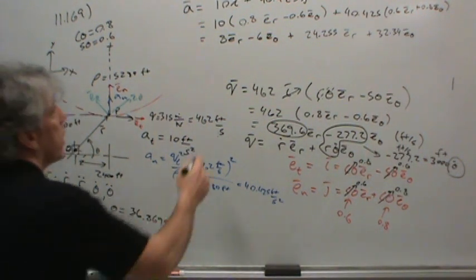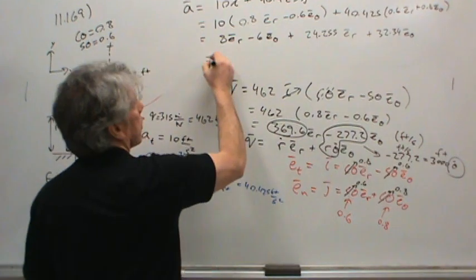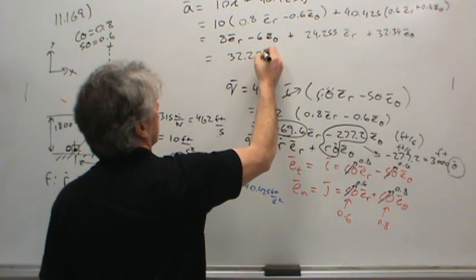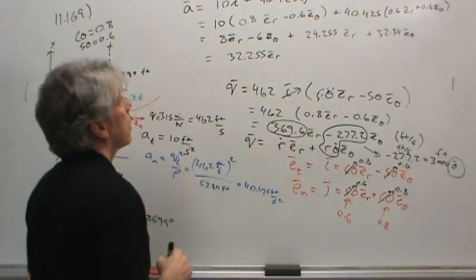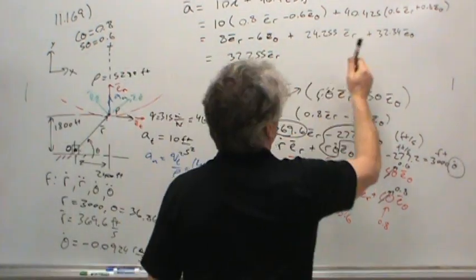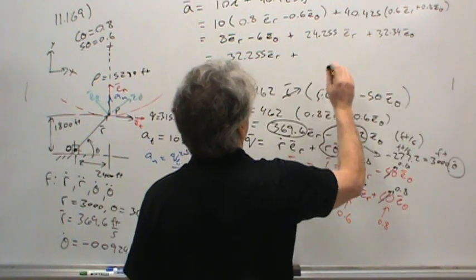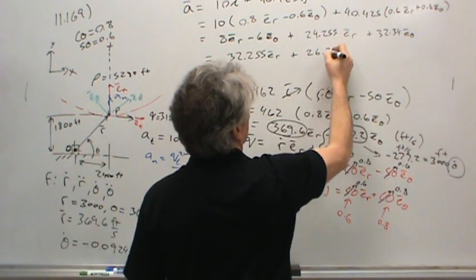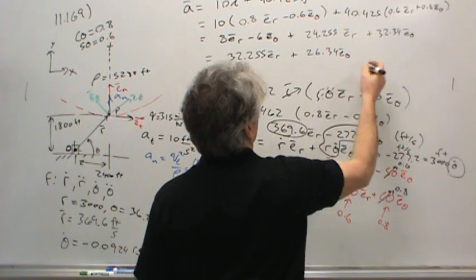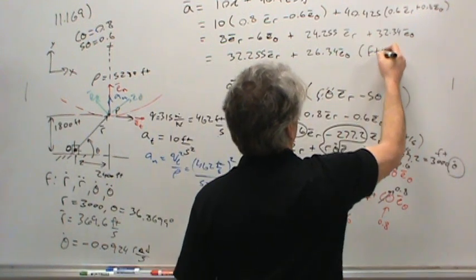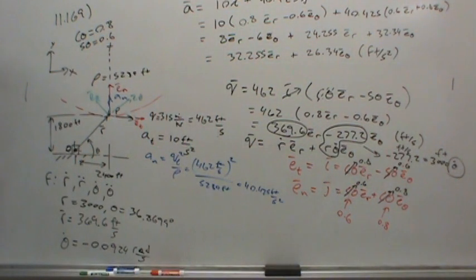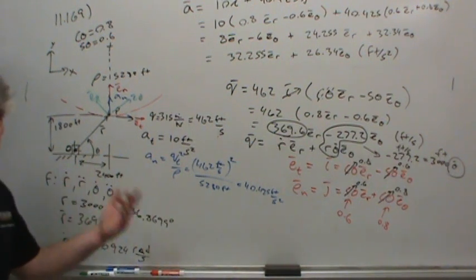So now, if we combine the radial components, 8 and 24 are 32. And then take 6 away from 32, would be what, 26? I've neglected to write my units, but of course they are feet per second squared throughout. So now we've got the acceleration in terms of ER and E theta.